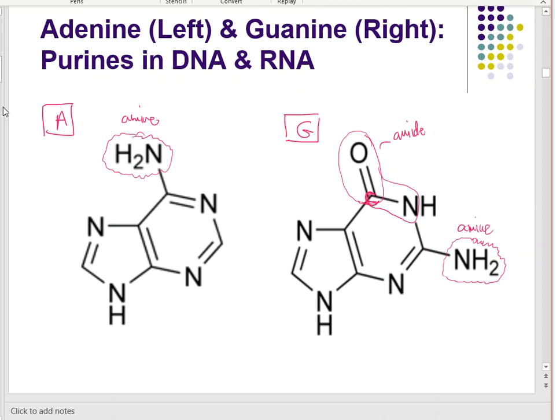So now you can kind of see why people were scratching their heads many years ago. You're telling me that DNA, the genetic carrier, carries the genetics and all the information about someone, and here are 2 pieces of it out of 4, and the only difference is the conversion of an amine and an amide?